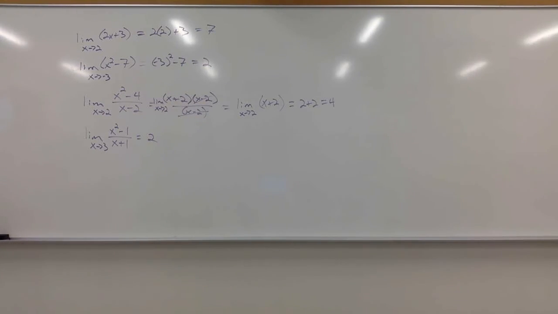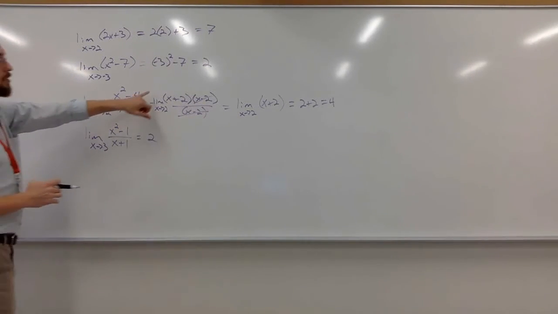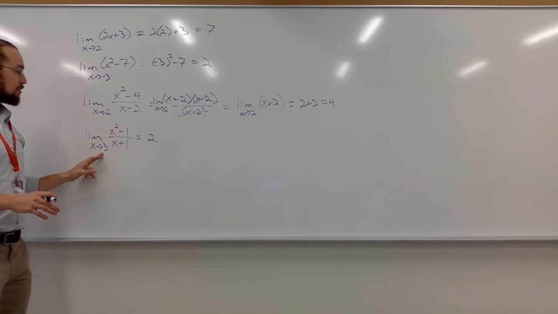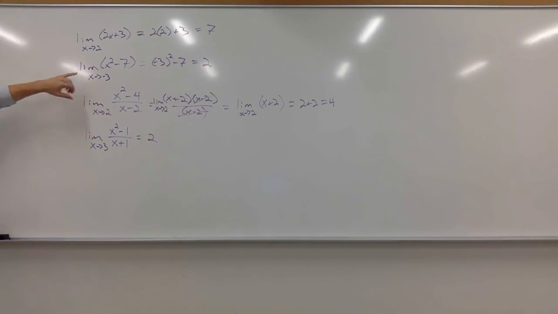So the biggest strategy that we're going to look at today is factoring. We'll look at a few examples probably tomorrow where we use conjugates and some other algebraic tricks to manipulate functions to get them to a point where we can plug in the number. But for today, all we're going to think about is: first thing I want to do, plug in the value.